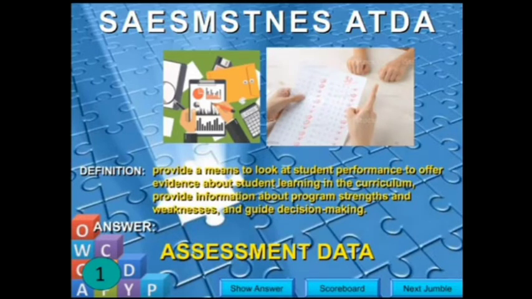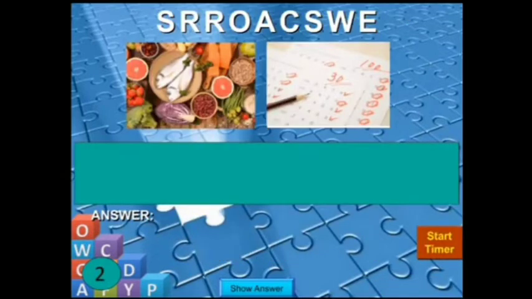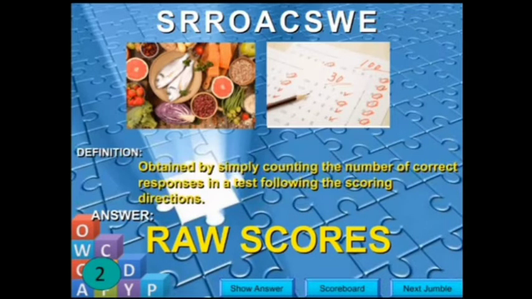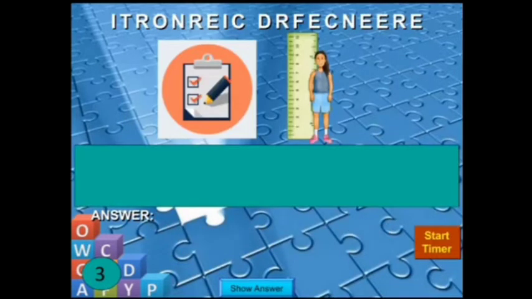Round 2. Time starts now. Time's up. The answer is raw scores, obtained by simply counting the number of correct responses in a test following the scoring directions.